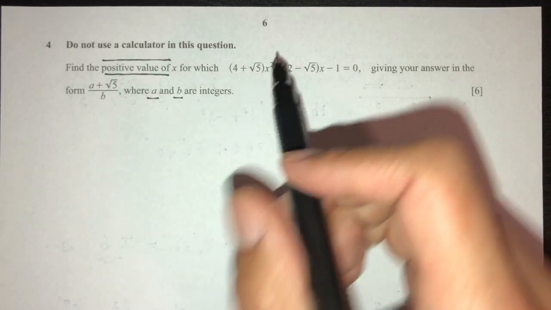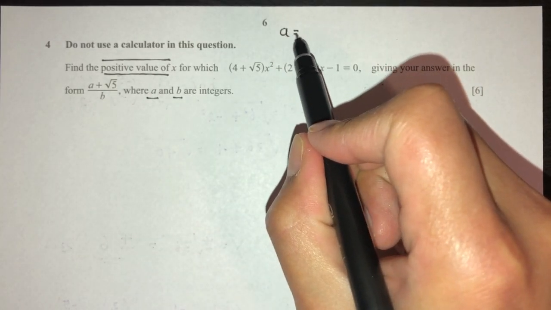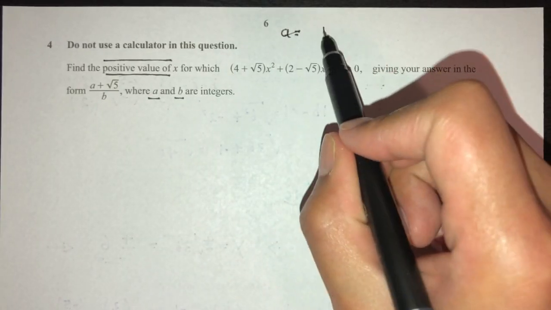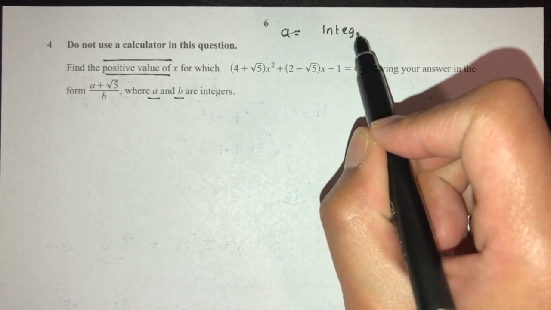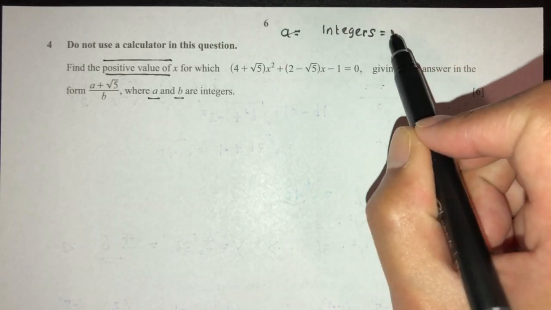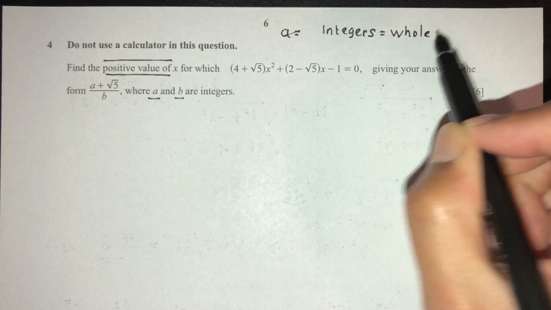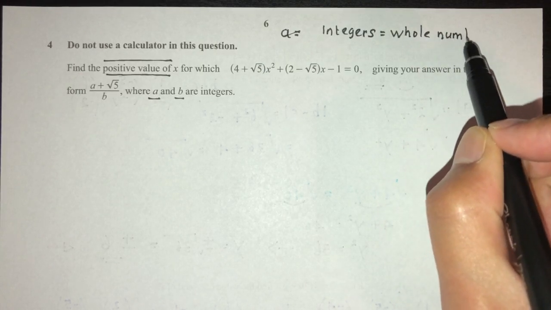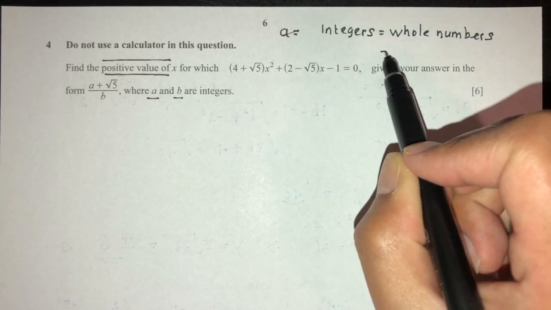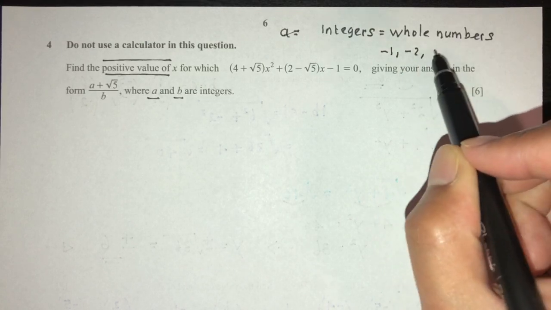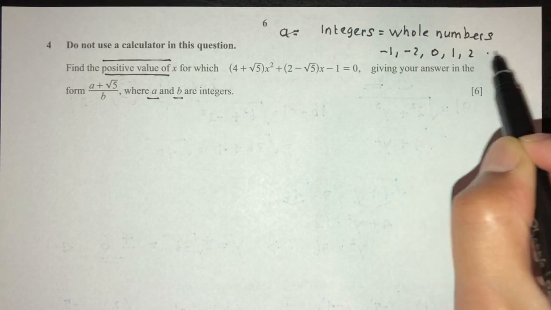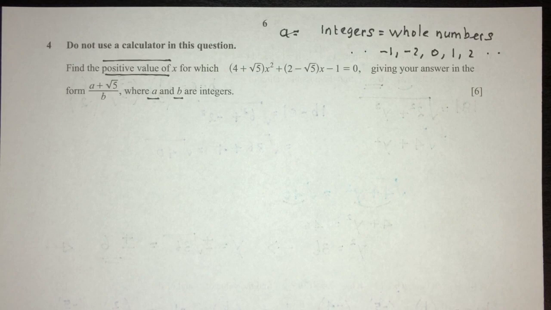Now for who don't know, integers are just whole numbers. So let me write down integers is equal to whole numbers. Okay, just so you know what it means. It can be minus 1, minus 2, 0, 1, 2, you can keep going on, up to you.